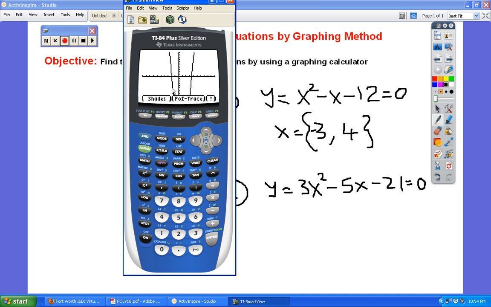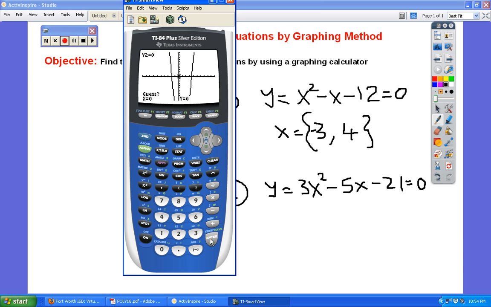Whenever we are not sure exactly what the answer is, simply press second, press 5, which is intersection. Then hit enter 3 times.